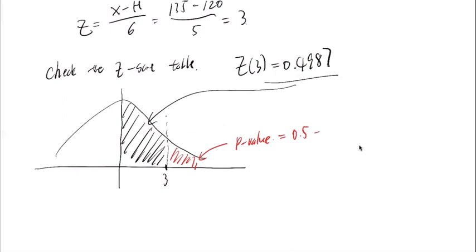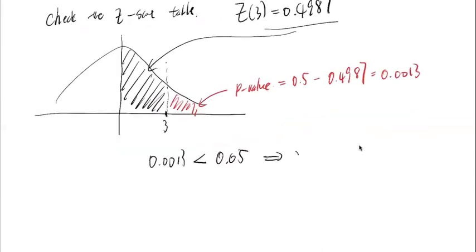So the p-value, which corresponds to the area of the tail, is 0.5 minus 0.4987, which is 0.0013. Clearly, 0.0013, the p-value, is less than 0.05, the significance level. So we can draw the conclusion of rejecting the null hypothesis.